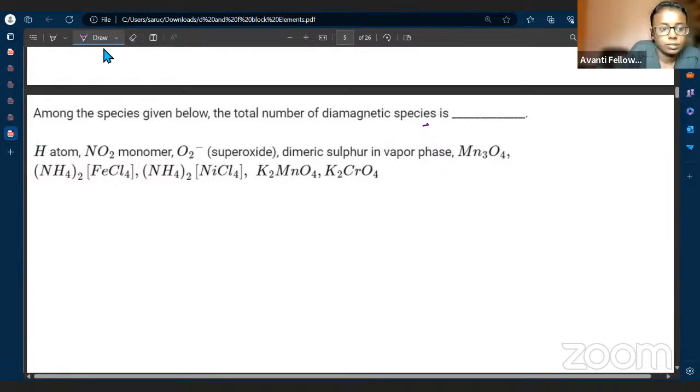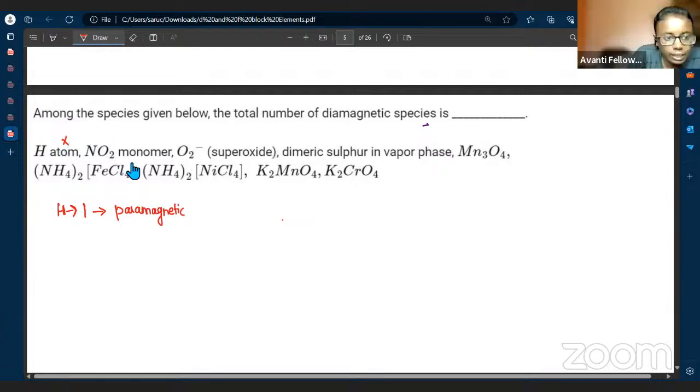So moving with hydrogen atom. How many electrons does hydrogen have? Only one electron. Therefore it is paramagnetic.